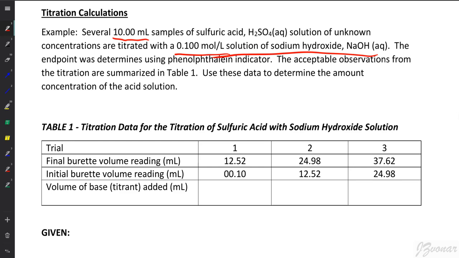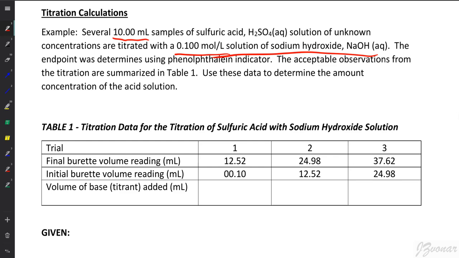So we perform the experiment. In the burette, we would fill up the burette to about 50 milliliters, and we would take this initial reading of 0.1. And when we do the titration, once we see our color change go from colorless to pink, we get a final value of 12.52 milliliters.